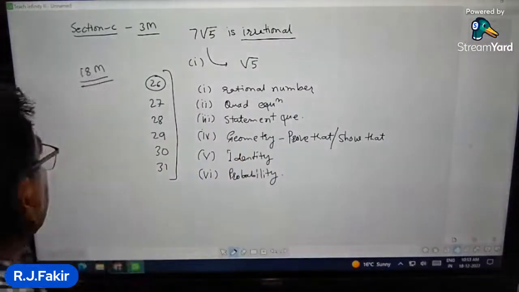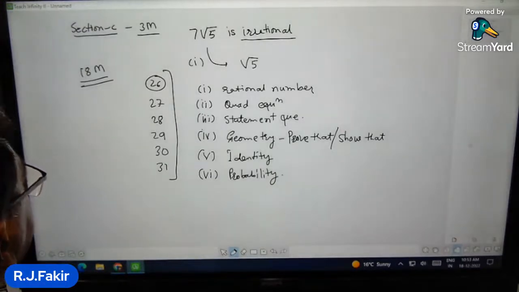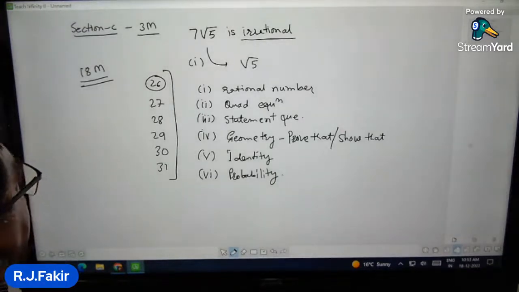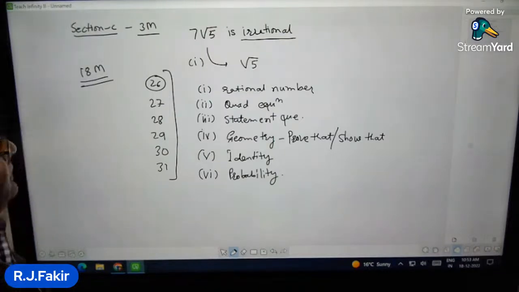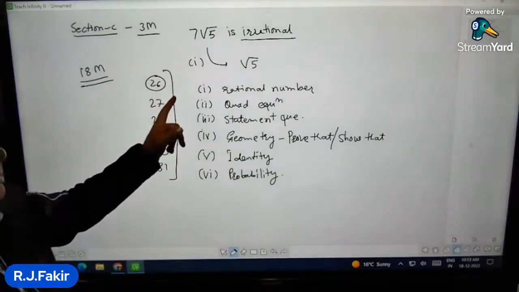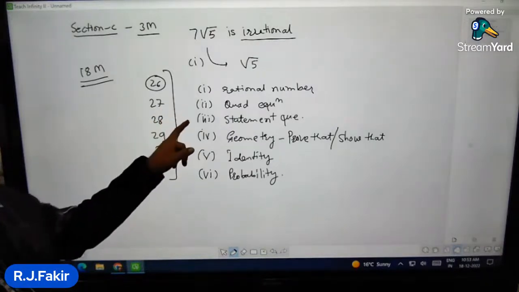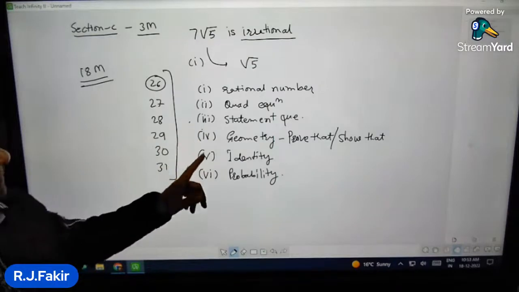Okay. Now coming back to the next section, that is our section D. If this is clear to you, you just concentrate on these topics I mentioned here. Rational number, quadratic equation, one statement questions, they can be from any of the topics.